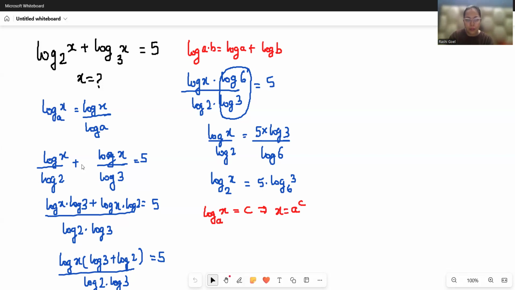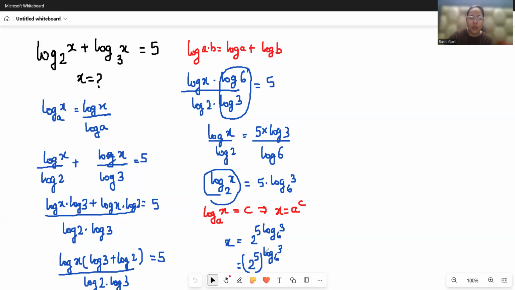Now let's compare and write like this. So x is equal to, because here the base is 2, 2 power 5 log 3 with base 6. So this becomes 2 power 5 whole power log 3 with base 6.